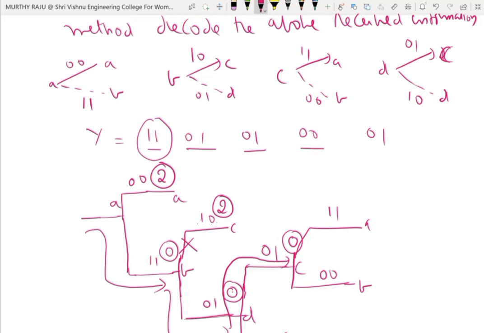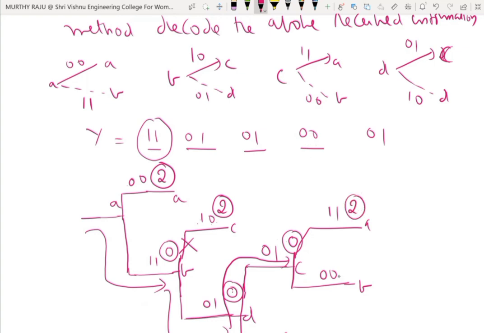The fourth received code word is 0 0, compared with the outputs of these two paths. 0 0 is compared with 1 1. The disagreement count is not 0, it is 2. 2 plus 0 is 2 here.